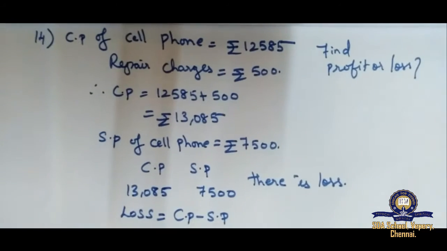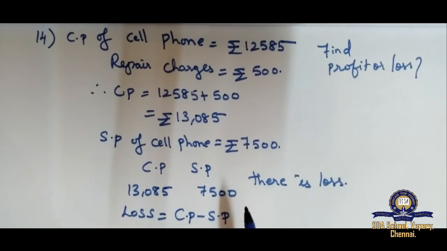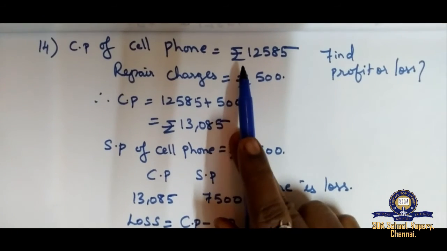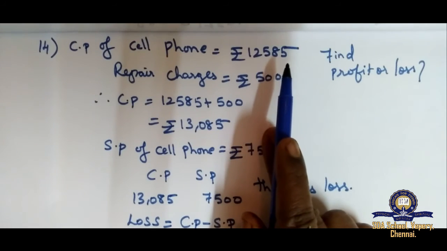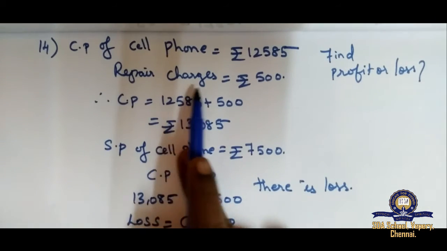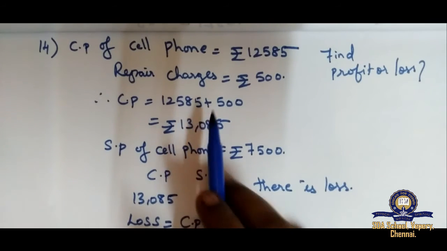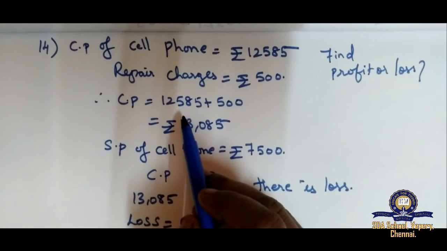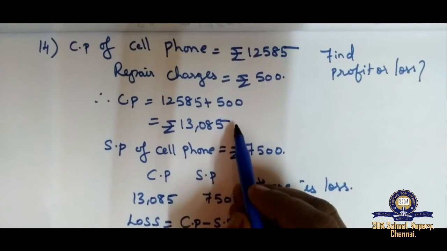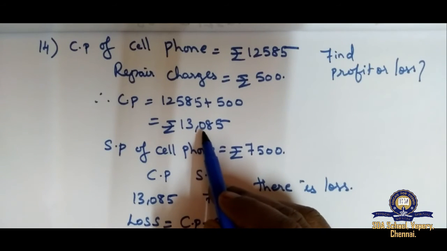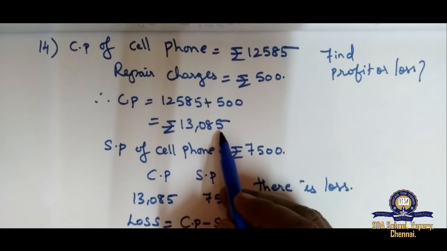So Mangai bought a cell phone. CP of the cell phone is equal to 12,585. She made a repair charge of 500. So cost price of the cell phone is equal to 12,585 plus 500. That becomes 13,085 rupees.